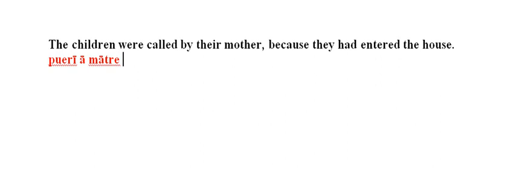Now here I don't have to write the way I did in the previous sentence. I don't have to give you the principal parts because you know vocare has a predictable fourth principal part, vocatus. So pueri a matre vocatus. And here we want were called. The children were called.